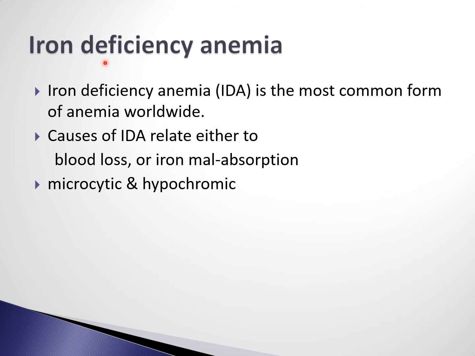The causes of iron deficiency anemia, that is IDA, relate either to blood loss or iron malabsorption, or there will be increased demand of iron by the body. The peripheral blood smear is going to show this characteristic picture of RBCs, which is microcytic and hypochromic. There is hypochromia, and the RBCs are smaller in size, that is a microcytic picture.